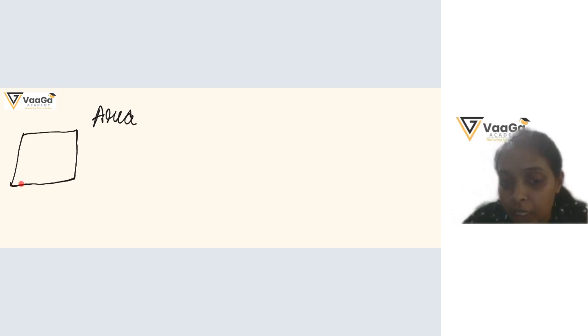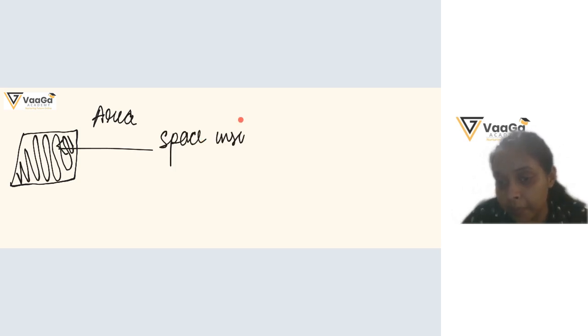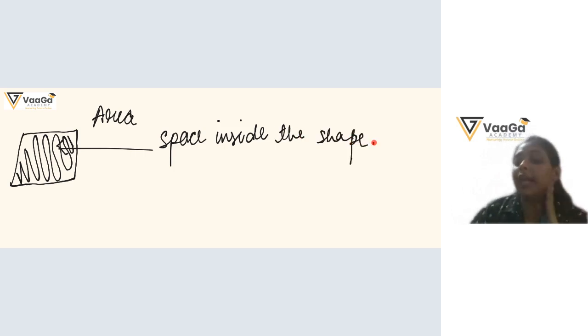It will have some space in between, right? This is known as the area. So basically area is the space inside the shape. Is that fine? Okay, ma'am. Right, so area is the space inside the shape.